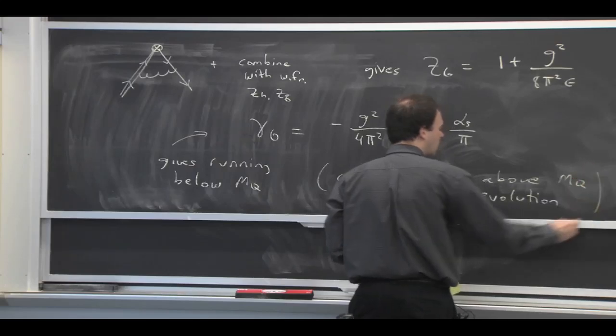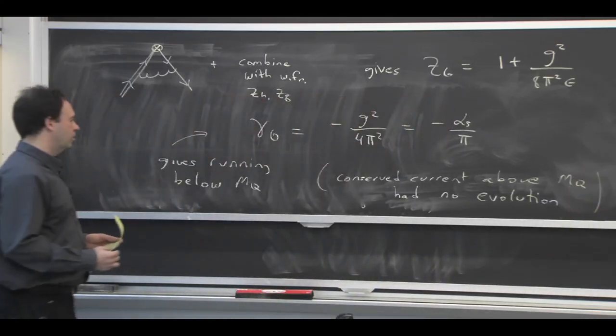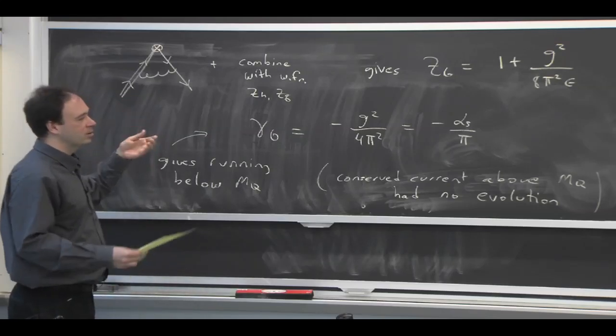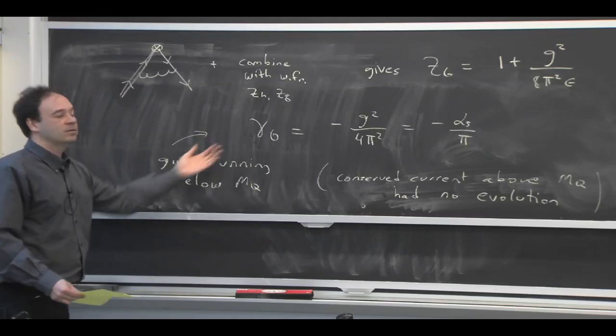So there's additional logs, and that's because MQ is now being treated as infinite. So things that, from the point of view of QCD, were logs of MQ, have now become UV divergences, and that gives an extra anomalous dimension.